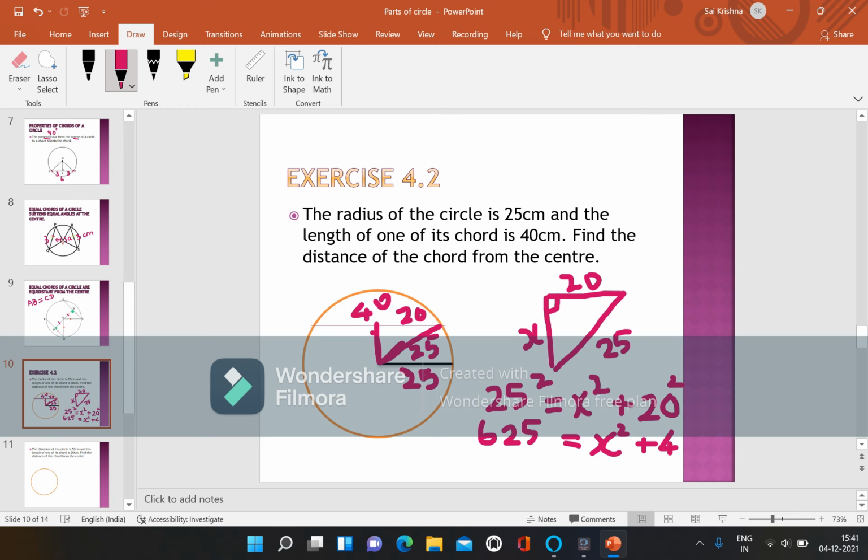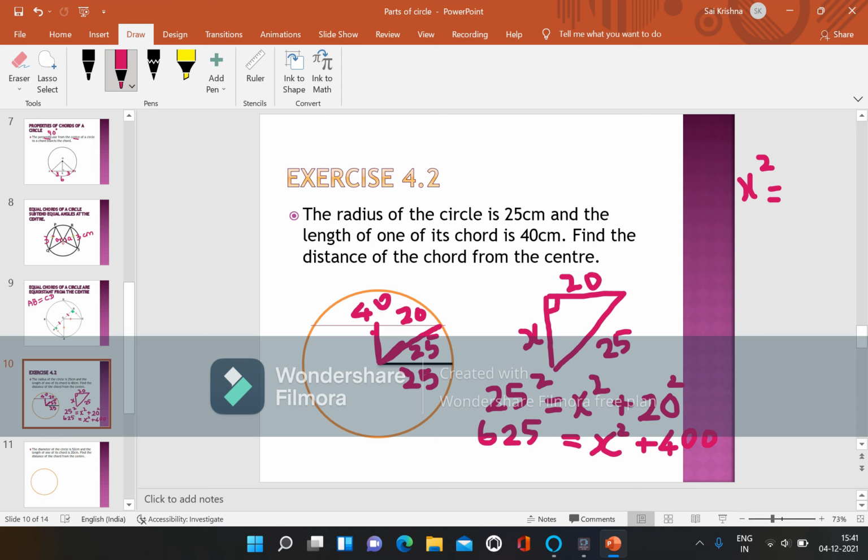When we bring this 400 this side, because we need to find the value of x square, x square is equal to 625 minus 400, that is 225.